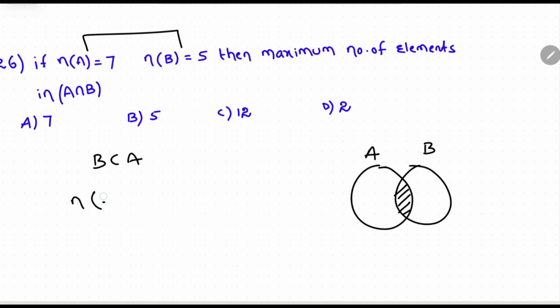A intersection B will be 5. Here 7 cannot be, because every element in A need not be in B, but suppose every element in B is in A. So it is the maximum possible number of elements in A intersection B.